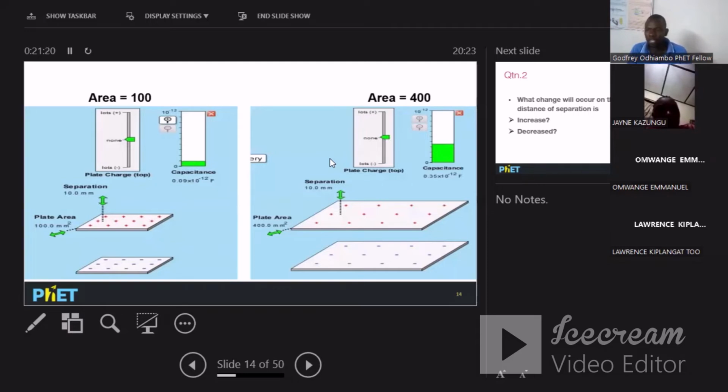Then the plate charge is given there. The capacitance is 0.09 times 10 to the negative 12 farads. On the right side, the area is 400, that is bigger, and the capacitance is 0.35 times 10 to the negative 12 farads. So the student is able to determine which one will give a higher capacitance.